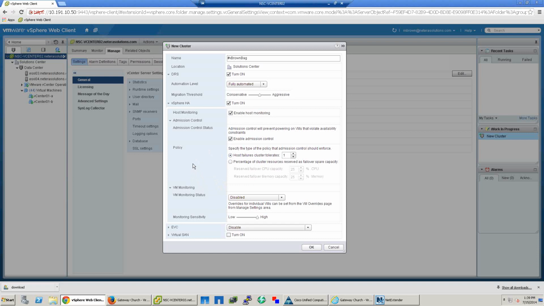Okay, App HA goes one level deeper and can monitor applications within virtual machines. Now, up to 5.5, VMware did not have its own application HA service, but other companies did, like Symantec. I think there may be a couple more.